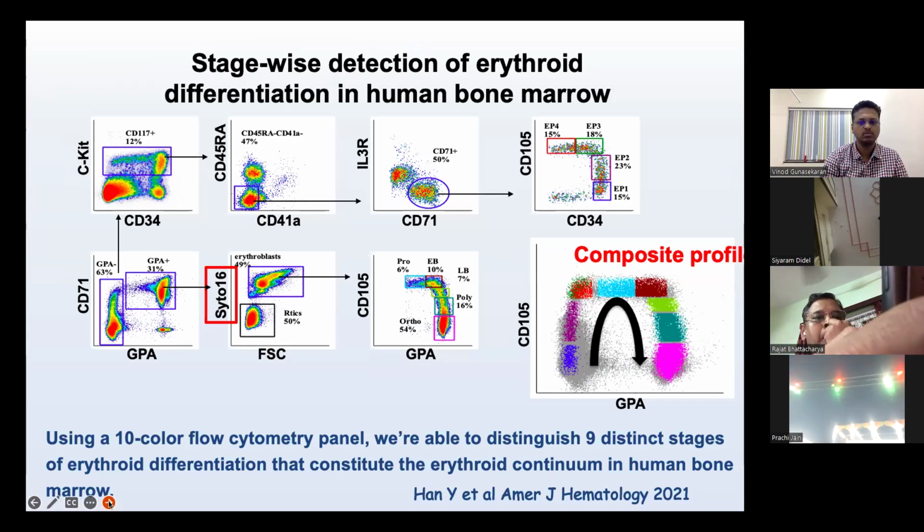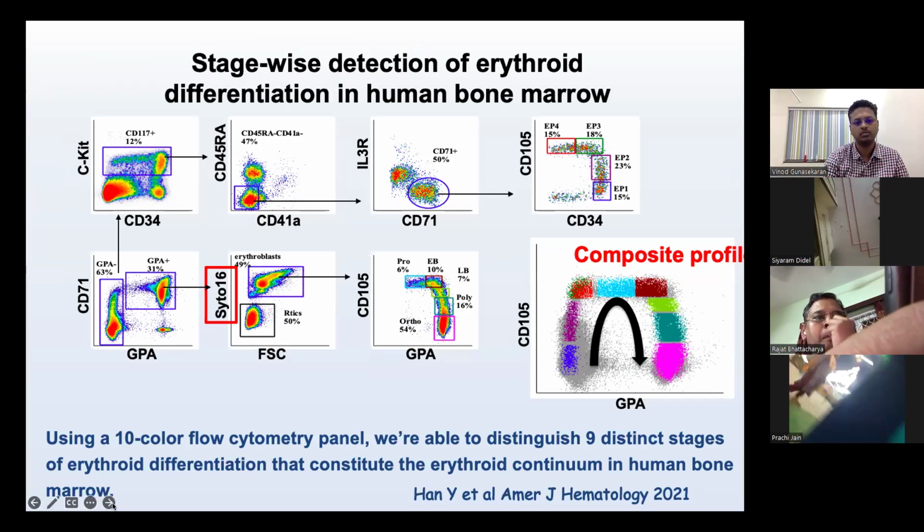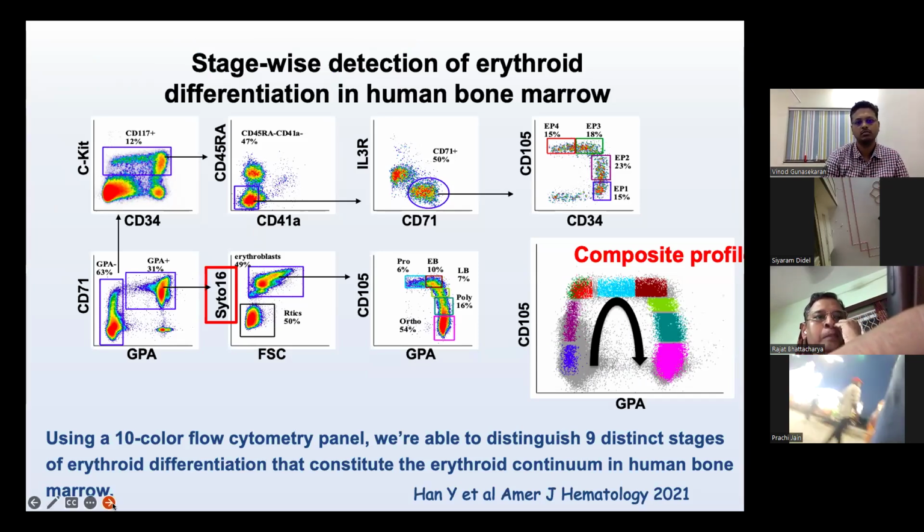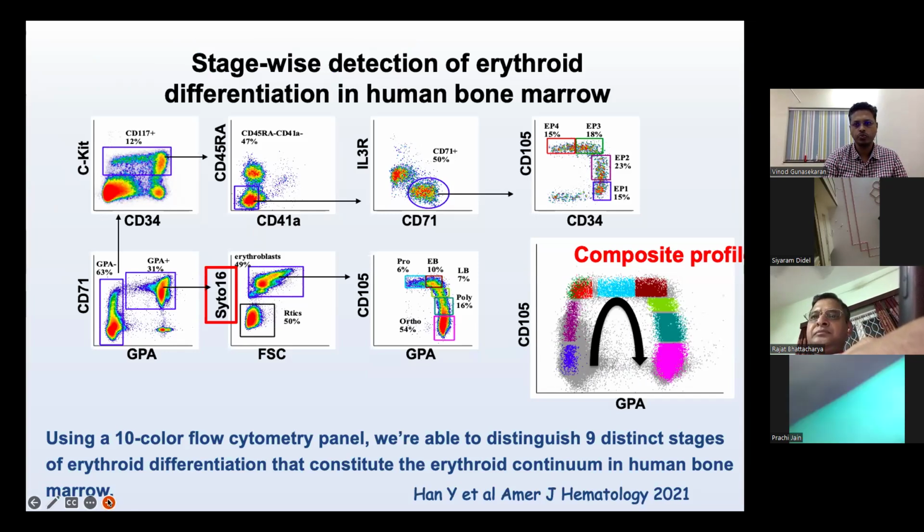Also recently, because we had to do 2 different assays, 2 different markers, one for erythroid progenitors and one for terminally differentiating erythroblasts, we recently showed that we can now use, unfortunately, 10 color flow cytometry, which is reasonably complicated. But in fact, using this 10 color flow cytometry, we're able to distinguish all 4 stages of erythroid progenitors from EP1 to EP4, as well as the terminally differentiating erythroblasts from proerythroblast to orthochromatic erythroblasts.